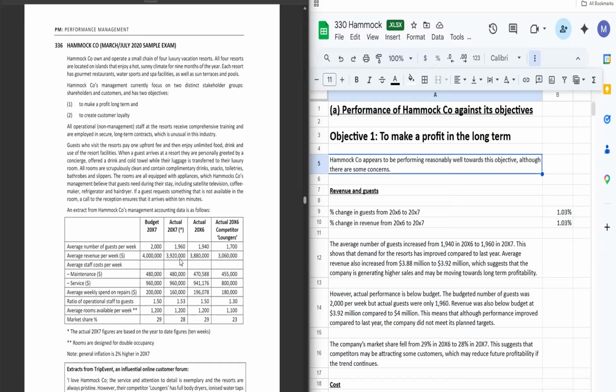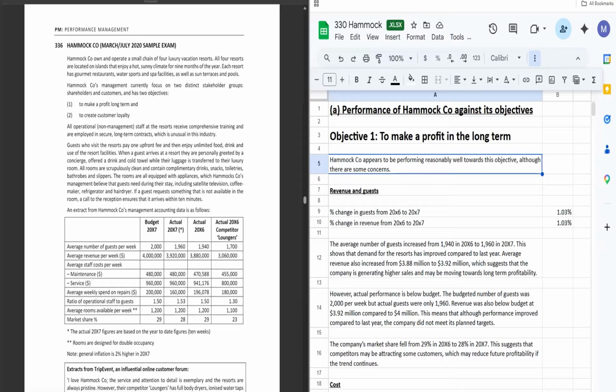See, if we are talking about profit, that means companies should focus on the revenue and the cost figures. Why? Because profit is the difference between income and expenses, right? But there are some non-financial things that the company needs to consider as well if they want to earn more profit in the long term.